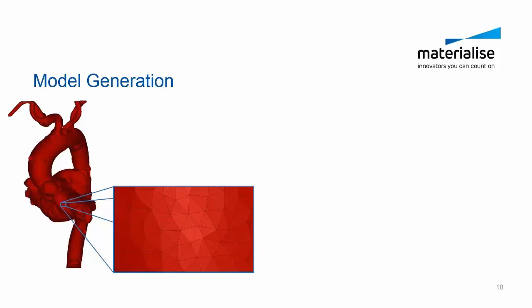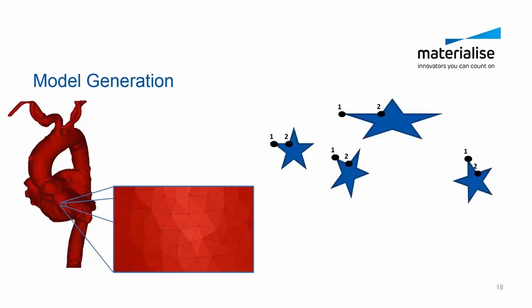But in order to do that, we need to correspond each of these patients to each other in order to have one single mesh that describes all of the shapes, with of course different positions of the points. So conceptually, with stars, you could look at it as being an ordering of the nodes that make up the star, which actually determine the correspondence.